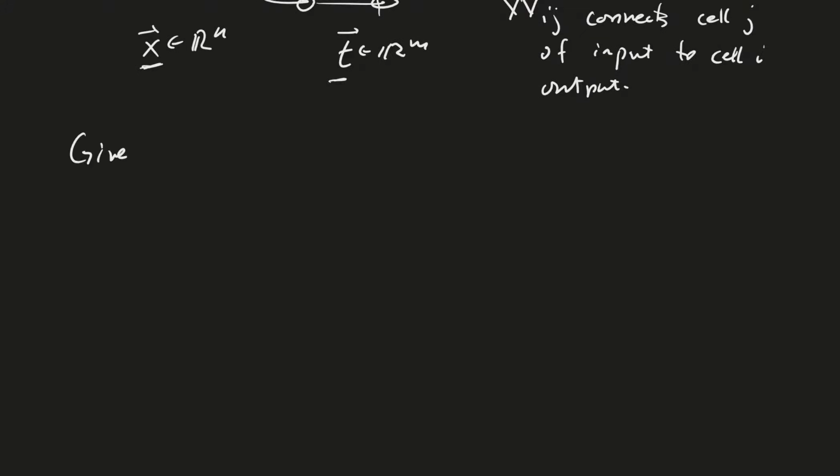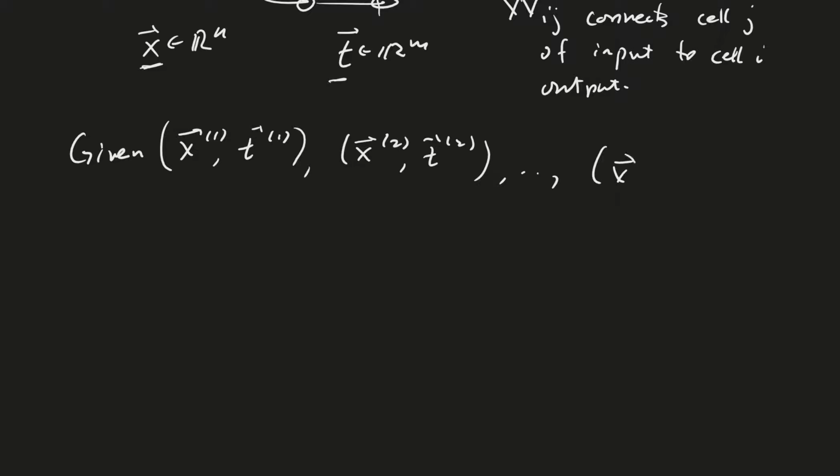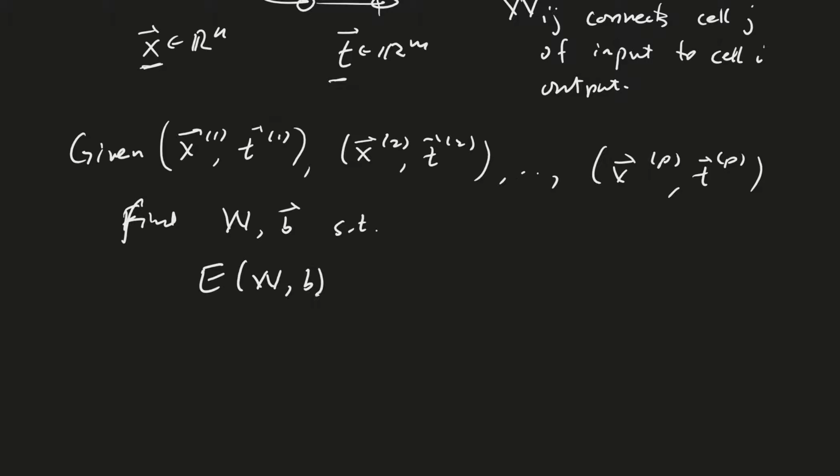Given x1, t1, x2, t2, up to xp, tp, find w and b such that the error, which is going to be the sum of the squared errors, is minimized.